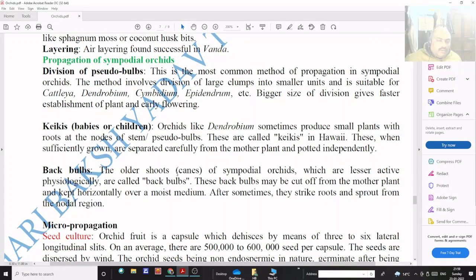Sympodials can also be multiplied by using back bulbs, which are old pseudobulbs having less physiological activity.